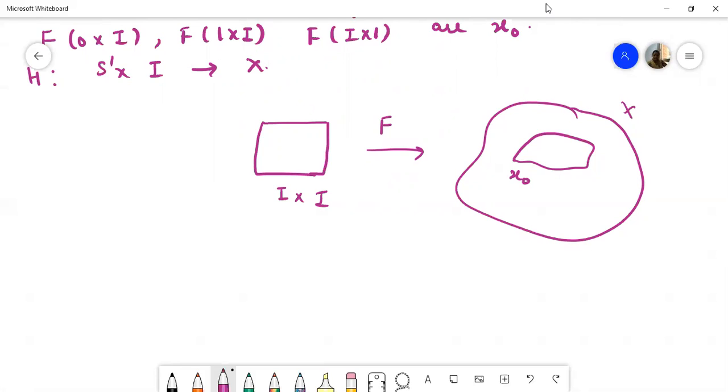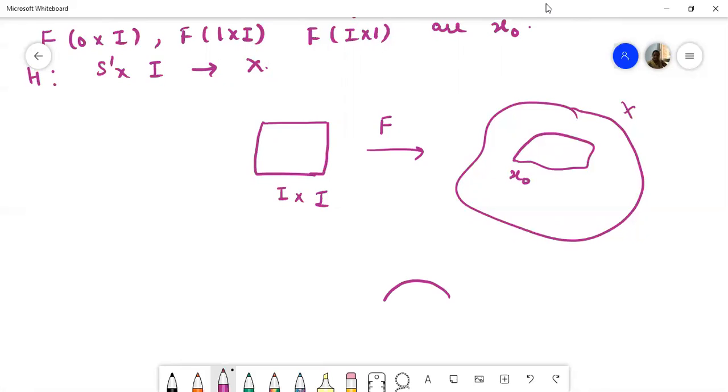So this is, say, the path f, and this point is x naught, so capital F is a homotopy between them. So F of s, 0 goes to the point f of s, and F of s, 1 goes to this x naught. Then we have this mapping.